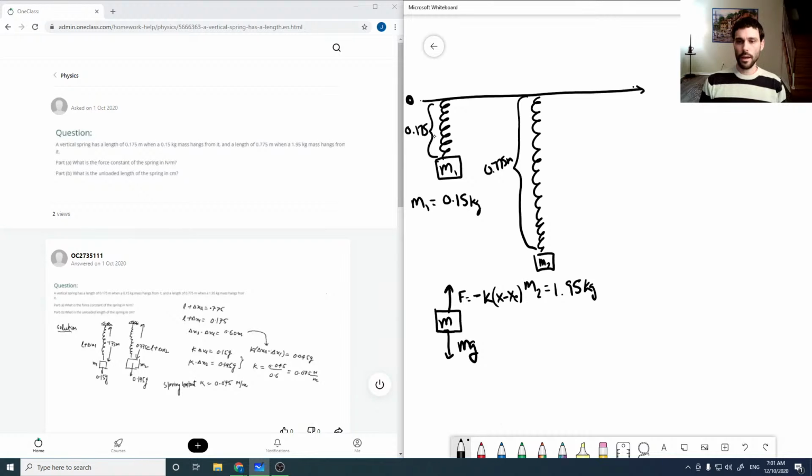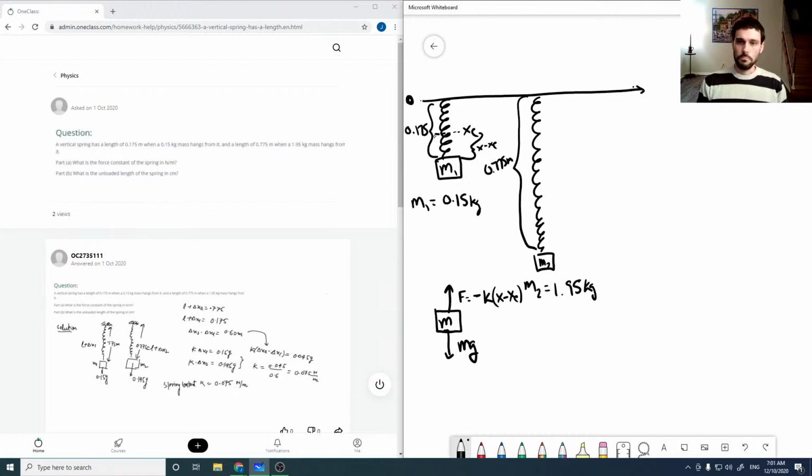So just minus k x minus xe. So x would be its full stretching distance, while xe must be whatever distance it is stretched to. So then x minus xe is this distance here.